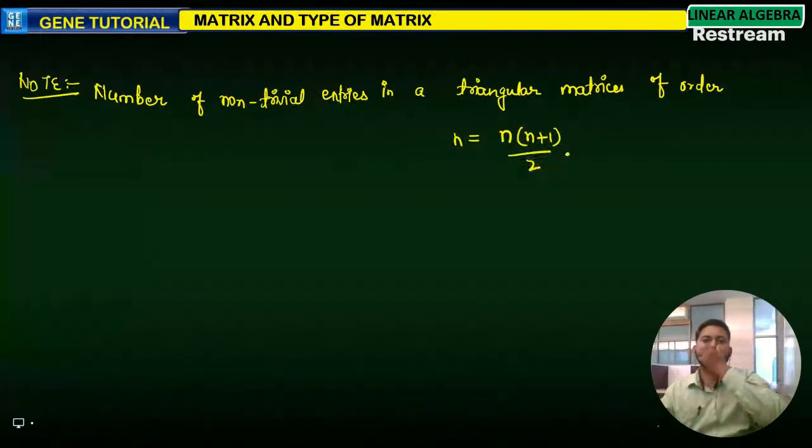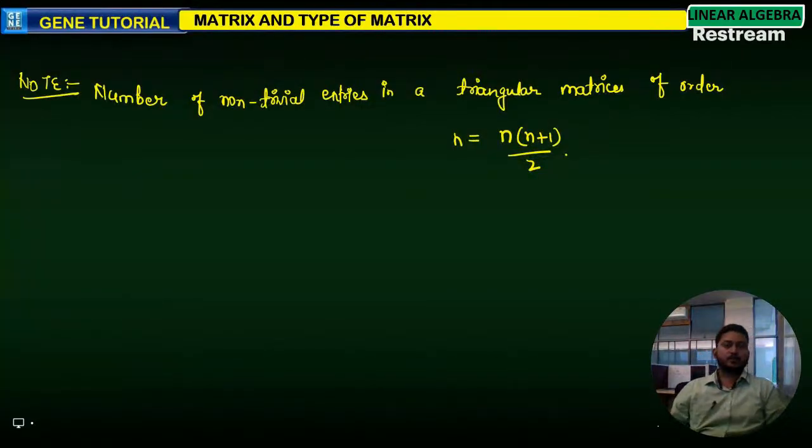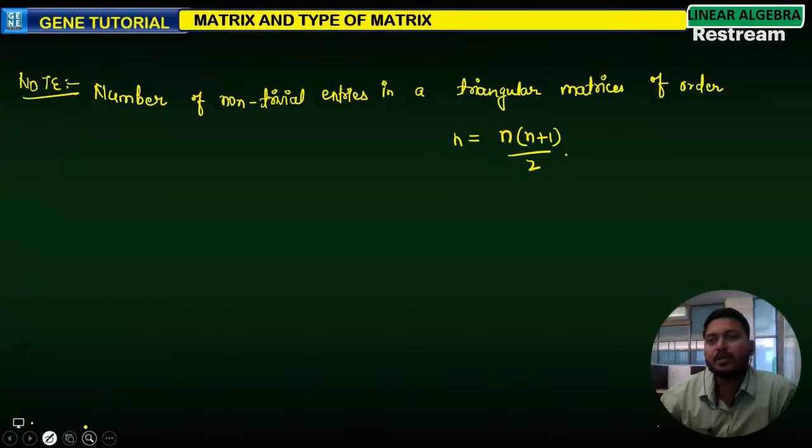Okay, these are the non-trivial entries for a triangular matrix of order n, which is equal to n plus 1 upon 2 times n. Now come to the next matrix, which is our diagonal matrix.